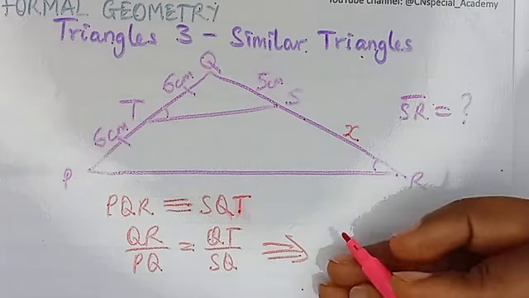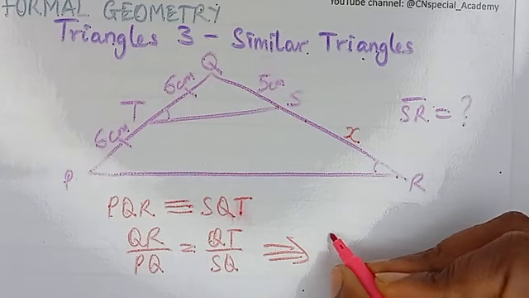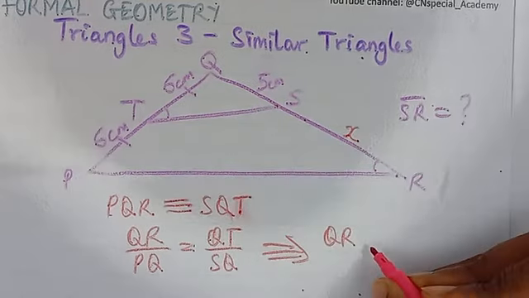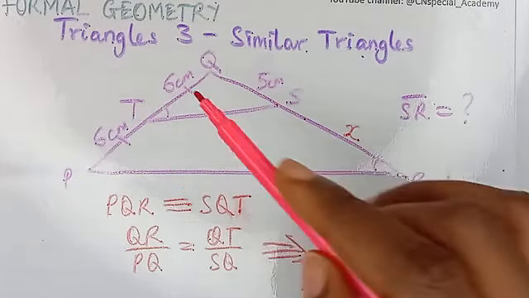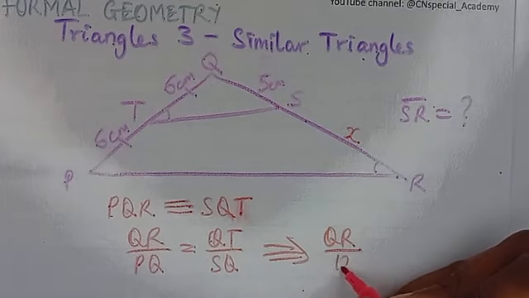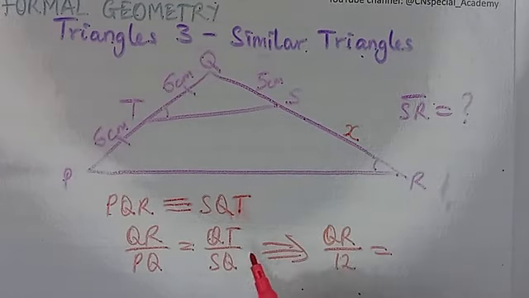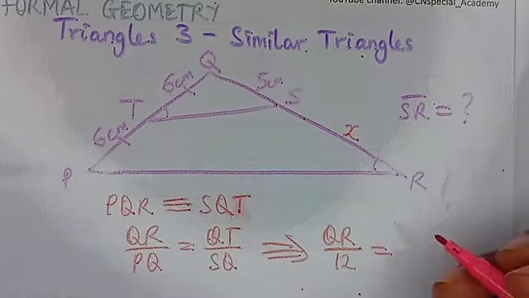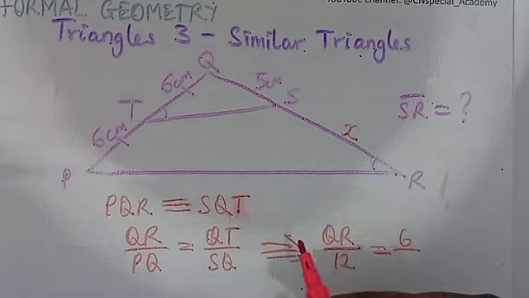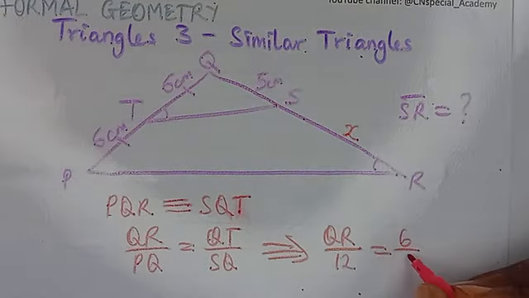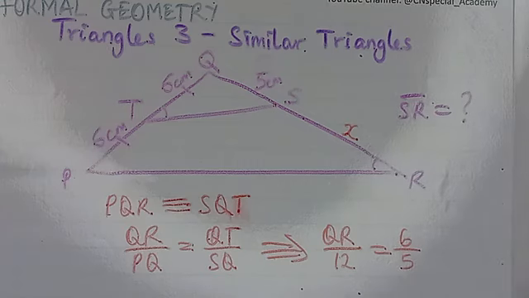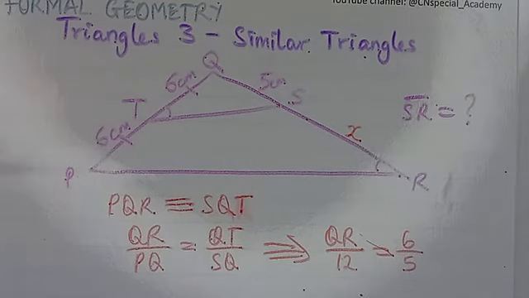So let me still leave it as QR over PQ, that is 6 plus 6, which is 12, is equal to QT, which is 6, and then SQ is 5.